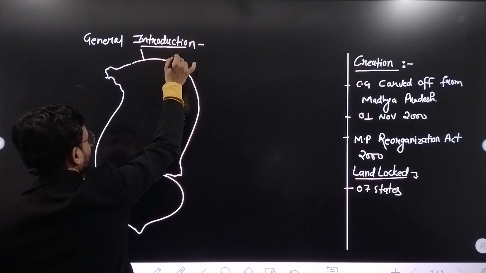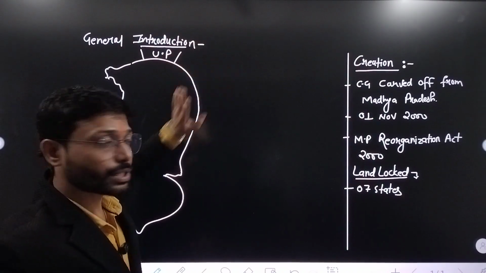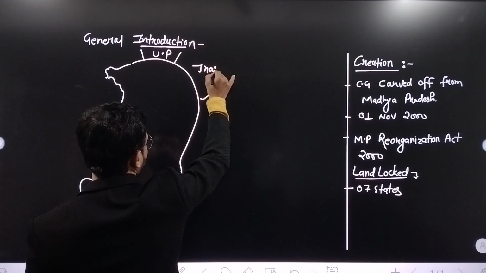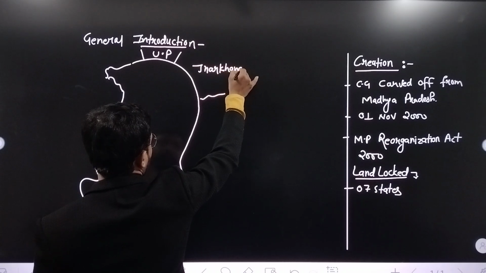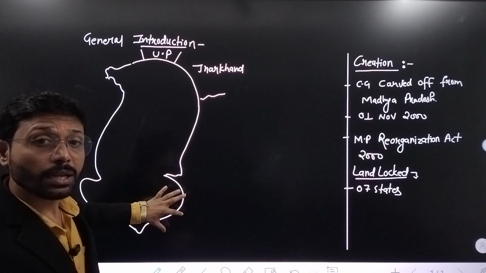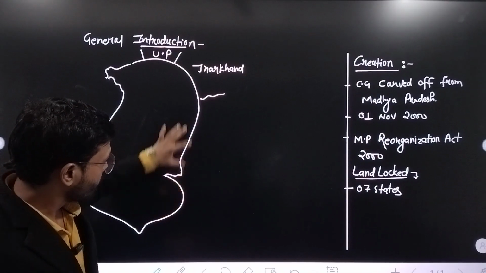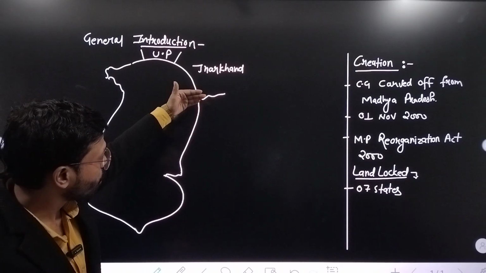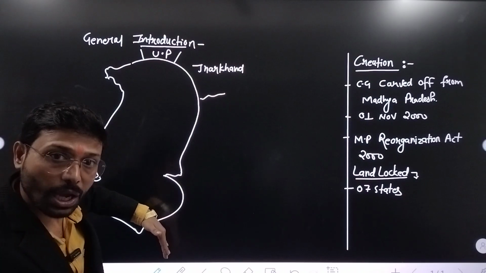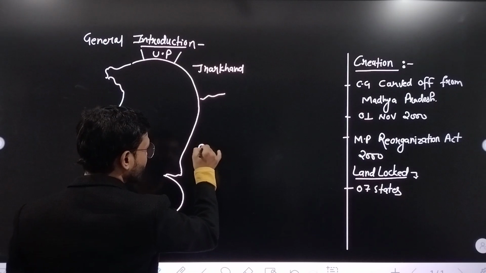In the northern part, you will get Uttar Pradesh. And in the northeast, it is Jharkhand. Now from the northeast to the east till the southeast, the state name is Odisha.